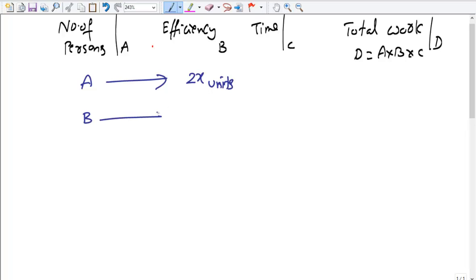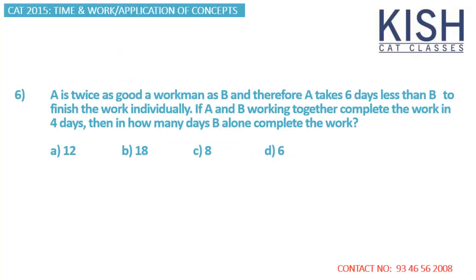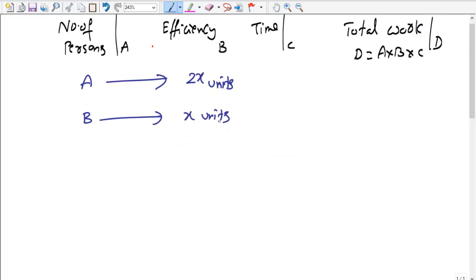Then B's efficiency must be x units. And A takes 6 days less. We have no idea about the number of days taken by B. We can say that if A has taken n days, B must have taken n plus 6 days.